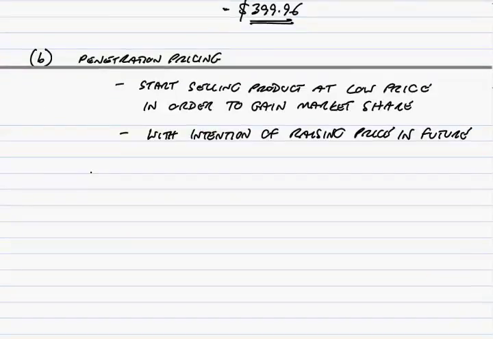What about price skimming? Price skimming again is very much for new products, but it's when you've got a product that people want, you start selling at a high price.